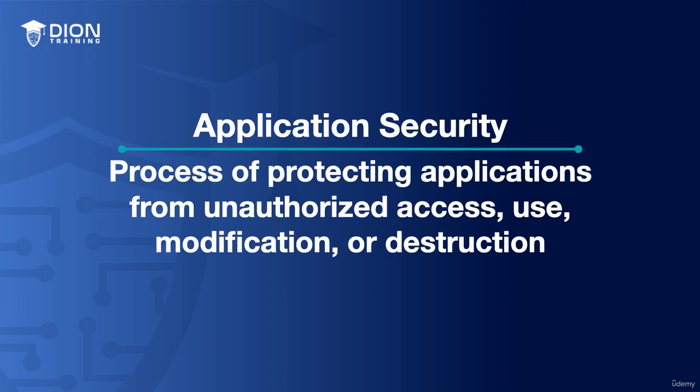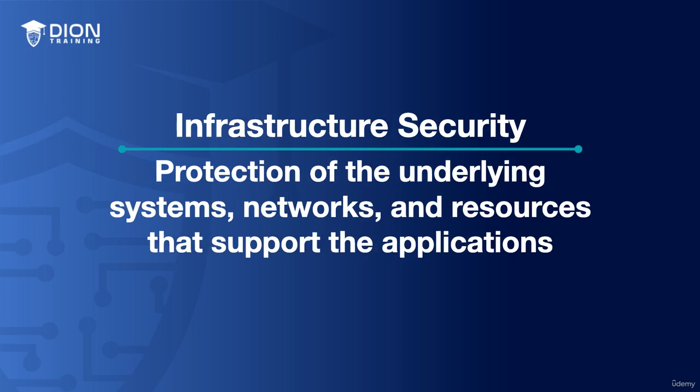Application security is the process of protecting applications from unauthorized access, use, modification, or destruction. Application security involves the use of security controls like encryption, access control, input validation, and more to ensure that applications are protected from potential security threats such as SQL injections or cross-site scripting attacks. Infrastructure security, on the other hand, refers to the protection of the underlying systems, networks, and resources that support those applications.